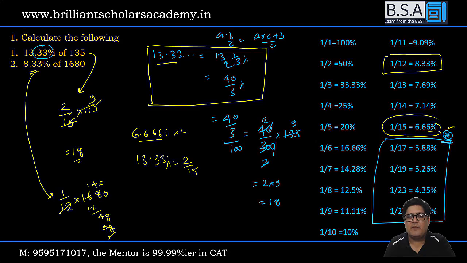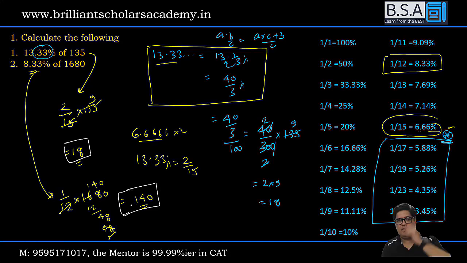So the first one answer is 18. Second one the answer is 140. Just verify my calculations. I hope I have not made any mistakes here. I'm showing you both methods. I'm showing you the manual conversion method, and I'm showing you the ratio to fraction or the fraction to percentage method.